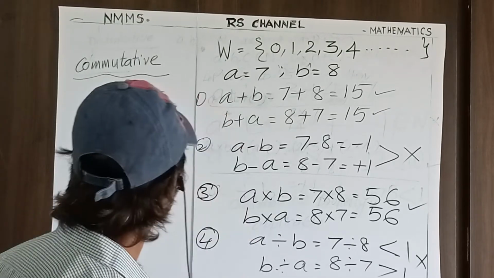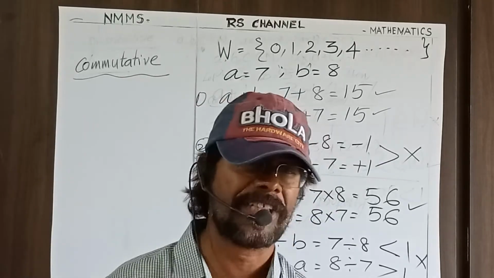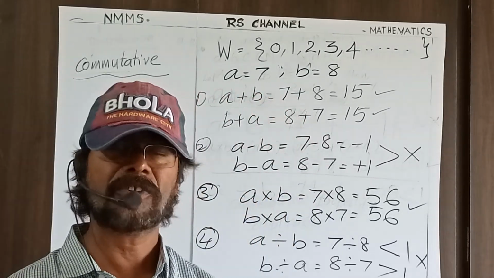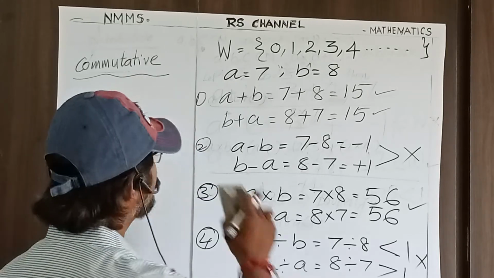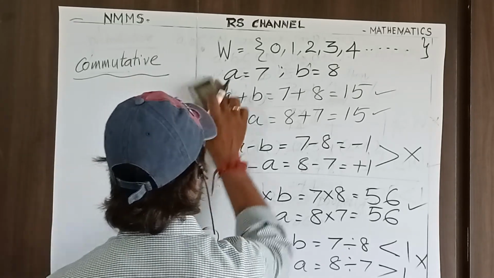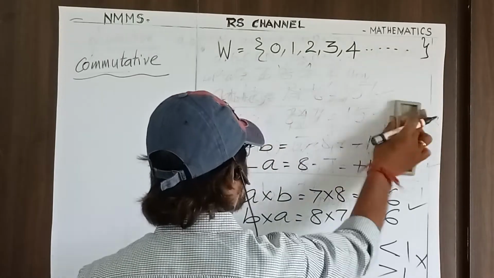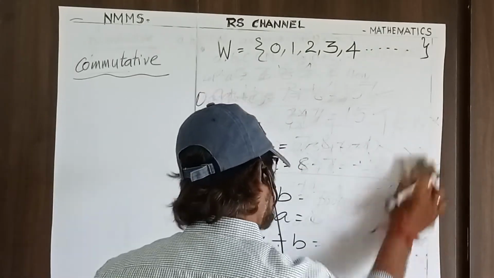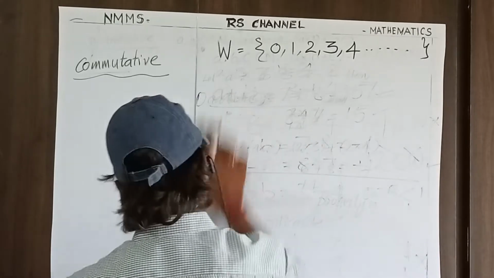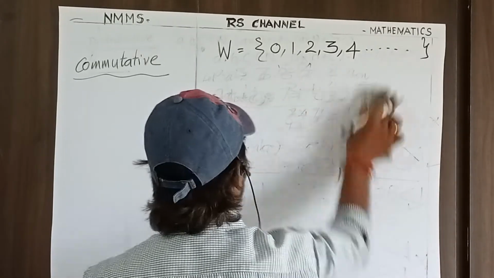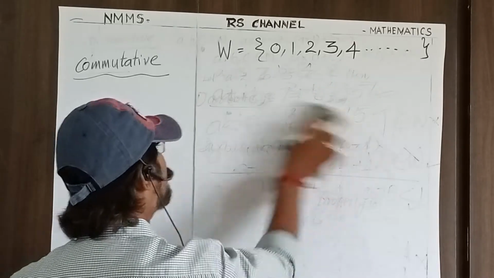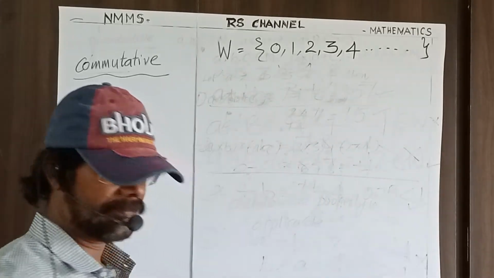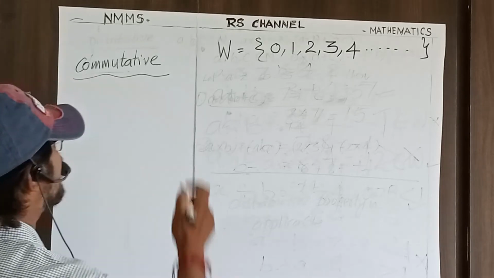Next one, we go for the associative property. Shall we go? Already you have an idea. How many numbers do we have to take for the associative property? Yes, three numbers.